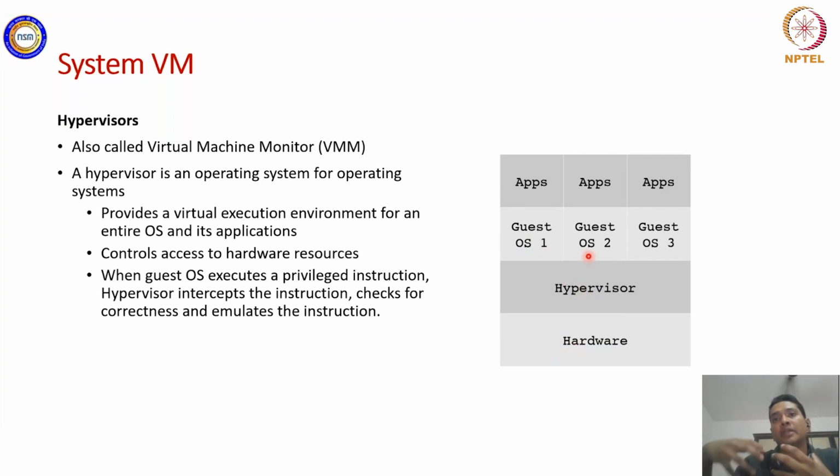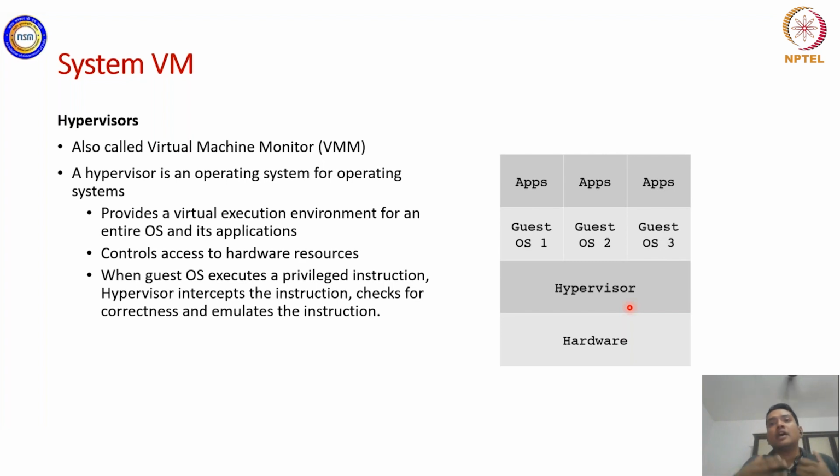So all the privileged instructions coming from different virtual machines, the hypervisor can now schedule for the underlying resources. The hypervisor is completely doing the same thing the operating system was supposed to do: the scheduling, the resource management, the allocation.